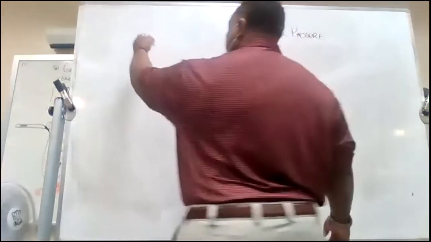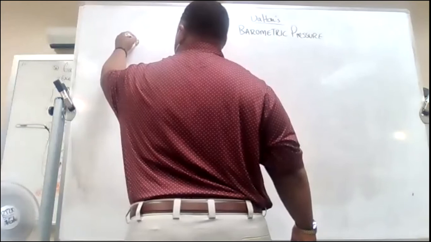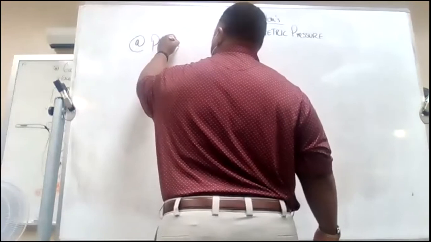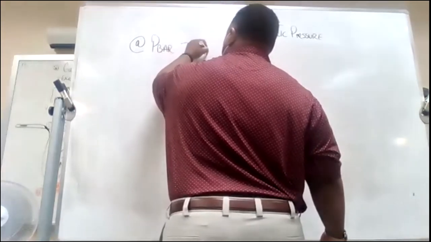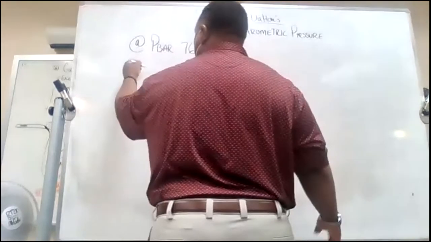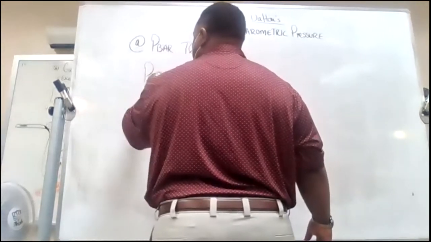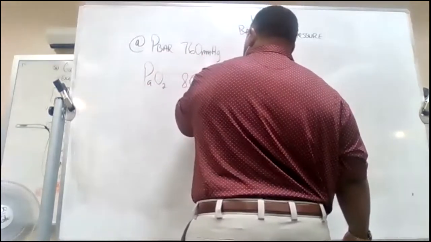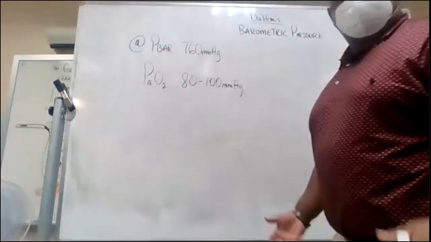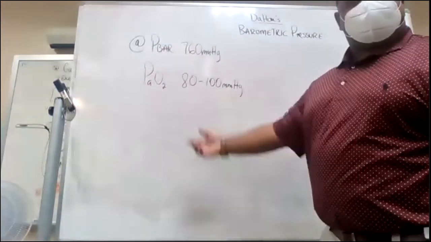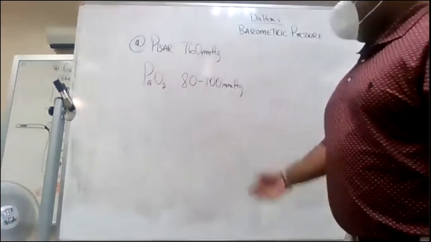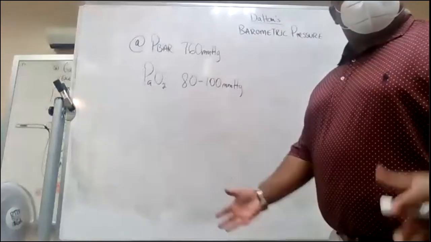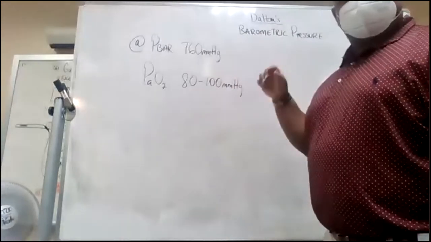So at a P bar of 760, the normal PaO2 in the blood is 80 to 100 millimeters of mercury, right? The normal PaO2 is 80 to 100, correct? That's at sea level and normal barometric pressure. That's what that is.